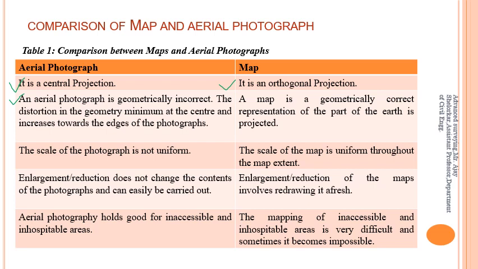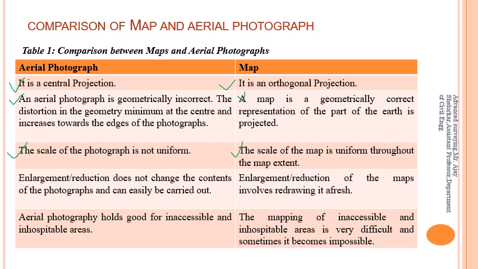The distortions in the geometry are minimum at the center and increase towards the edges of the photograph. A map is geometrically correct, a representation of part of the Earth projected. The scale of a photograph is not uniform. The scale of a map is uniform throughout the map extent.